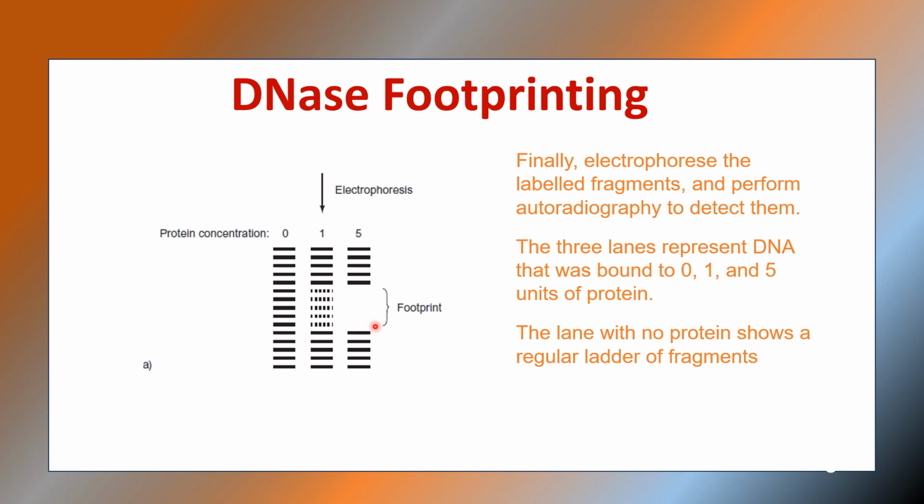We talked about the EMSA, that was again a DNA-protein interaction, but there, when a protein interacts with the DNA, there is a shift when we run it on a gel. But in this case, it's the protection of the DNA segment by the protein binding to it, protecting it from the action of the DNase. So that's how we can detect the interaction between the DNA and protein.